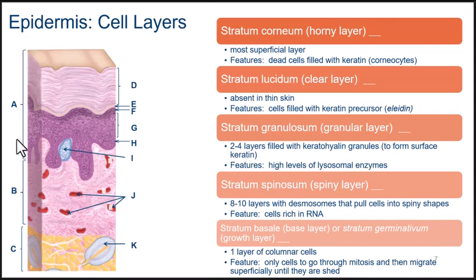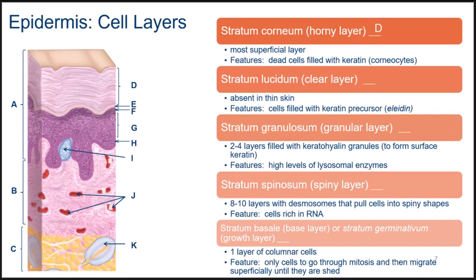Just to remind you, here is our epidermis. Here is our connective tissue layer, the dermis, and then our fatty layer, the hypodermis. Let's start with the most superficial layer, the stratum corneum. That's the layer you can see here, and it is most superficial. This would be the layer that's exposed to the outside world, or at least this top part of it is.